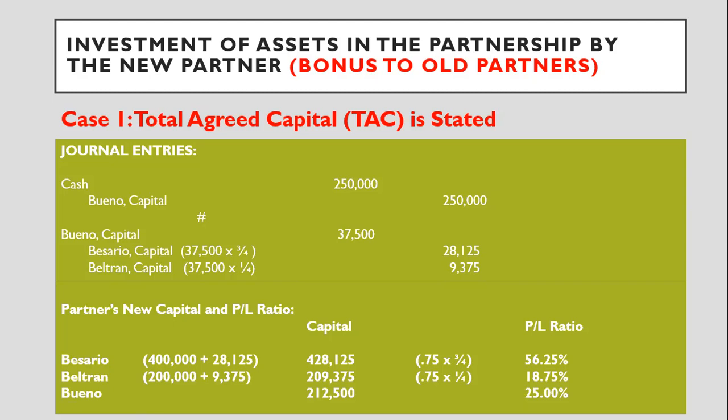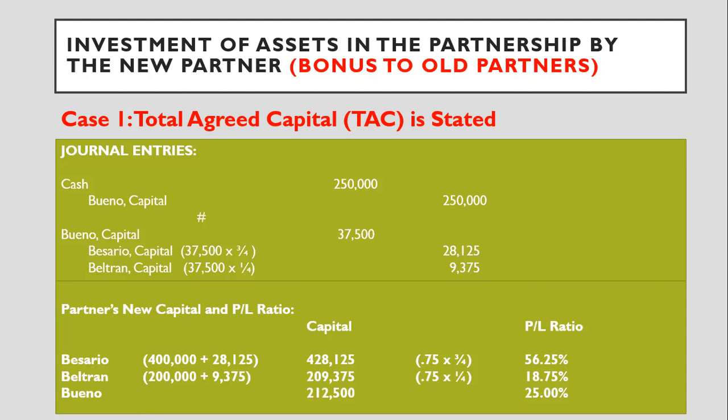Now the partners' new capital and P&L ratio right after the admission of Bueno. Bisario will have an increase of 28,125, so the capital now will be 428,125. Beltran will have an increase of 9,375, so a total of 209,375. And Bueno will have a capital credit of 212,500.